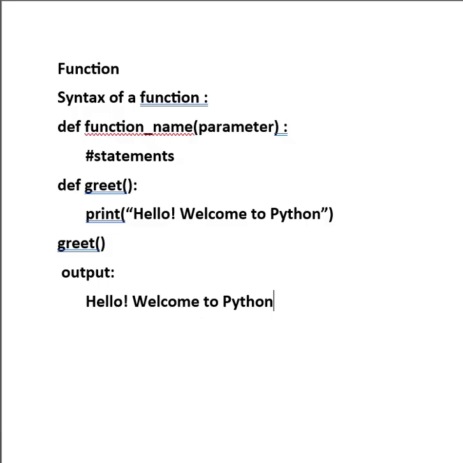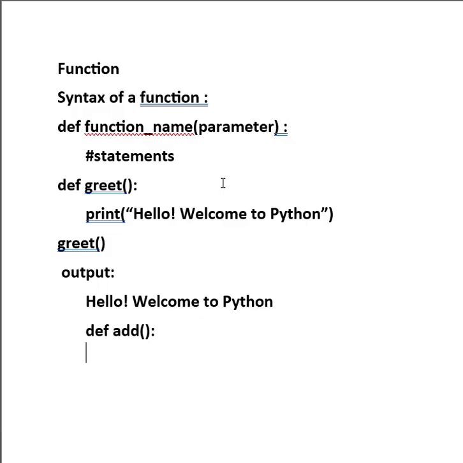I'm going to give one more example. The first example is based on a string; the second example is based on integers. I'm going to call a function named add.